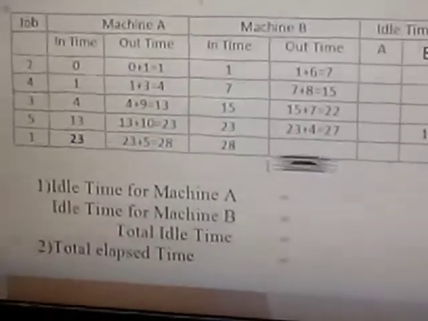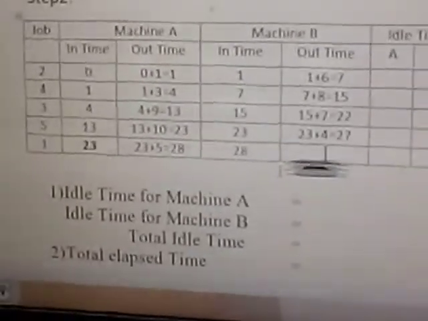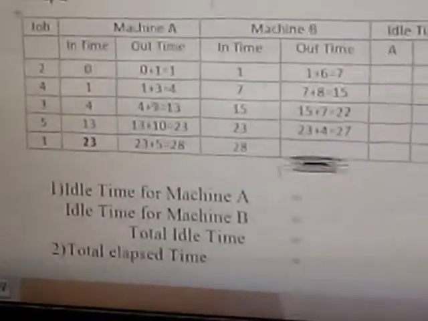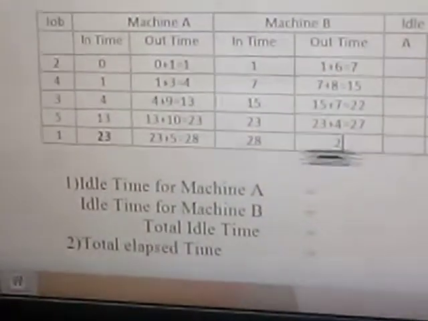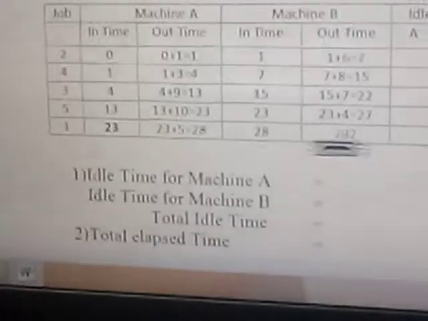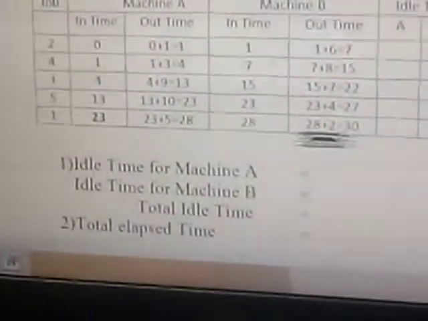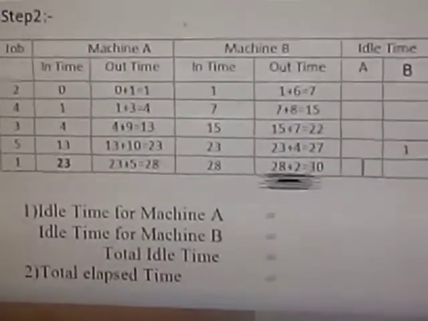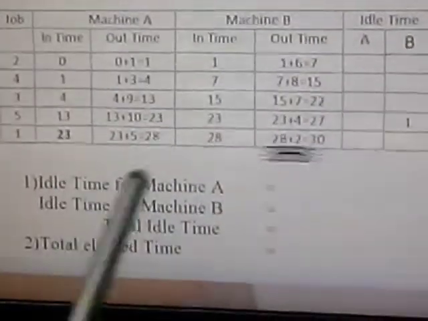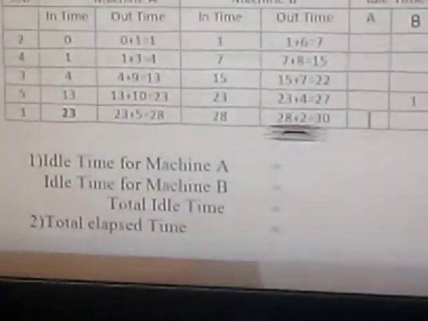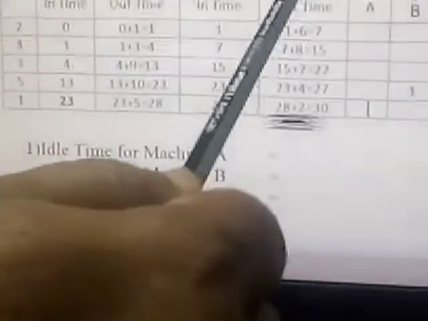For job 1 the machine B value is 2, so 28 plus 2 is equal to 30. Machine A takes 28 hours to complete the jobs. Machine B takes 30 hours to complete the jobs. So the idle time of machine A is 30 minus 28, which is 2 hours.